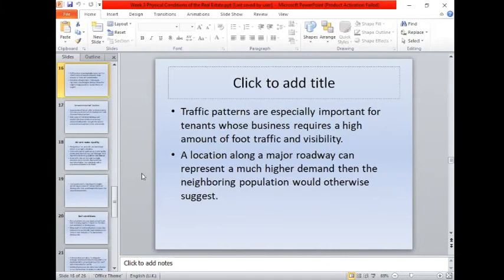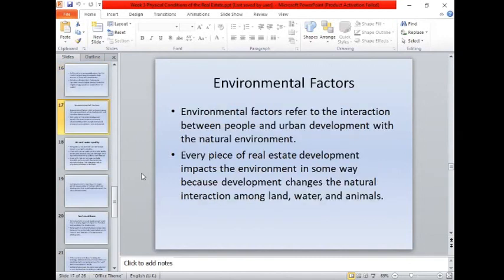And traffic patterns are especially important for those tenants whose business requires an amount of foot traffic and visibility, especially in the cities like Makati and Global City, or the global center. And a location along a major roadway represents a much higher demand than the neighboring population would otherwise suggest.